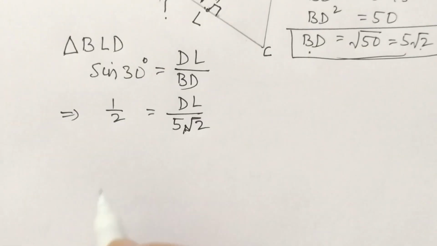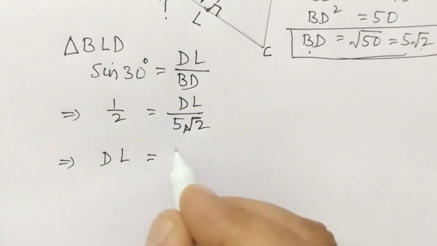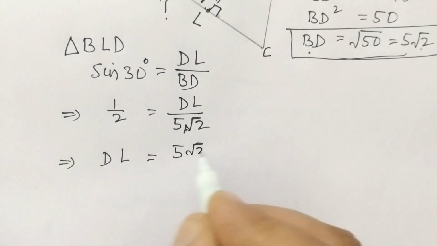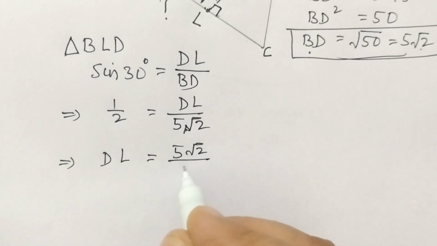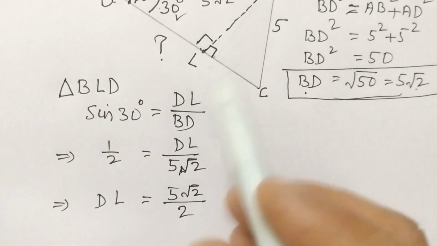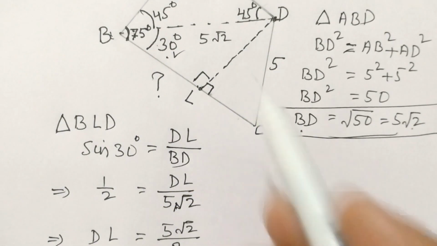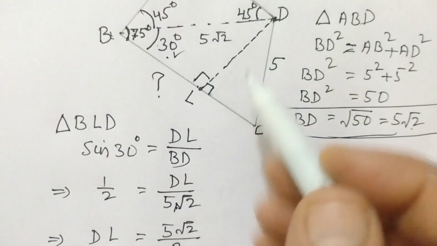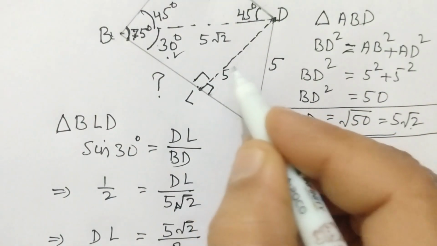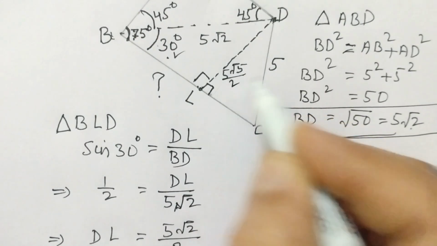So DL will be equal to 5 square root of 2 over 2. Now we will take cos 30.